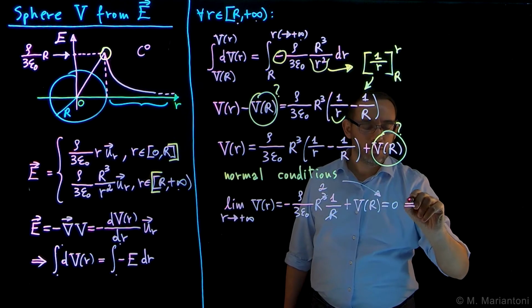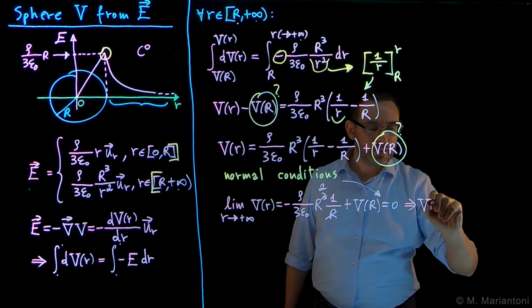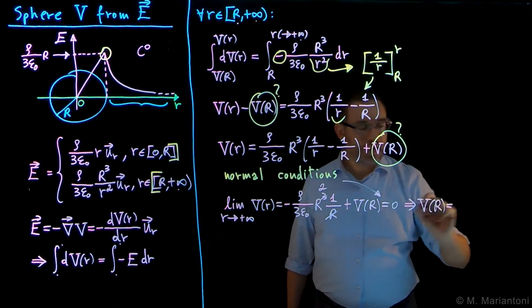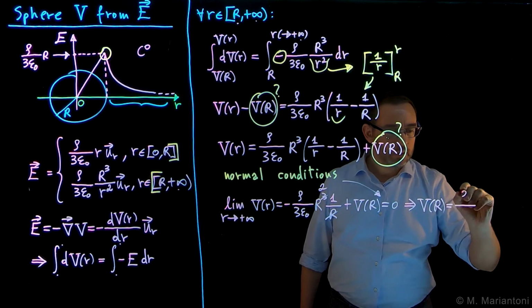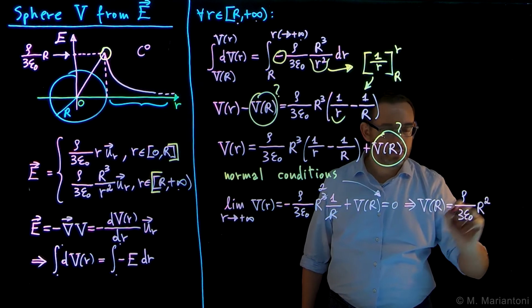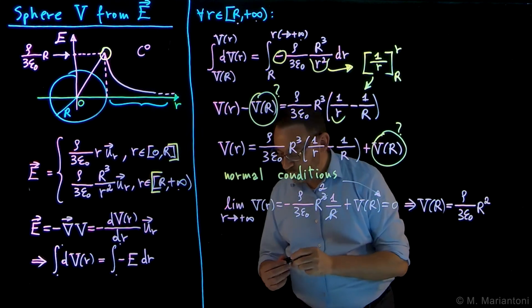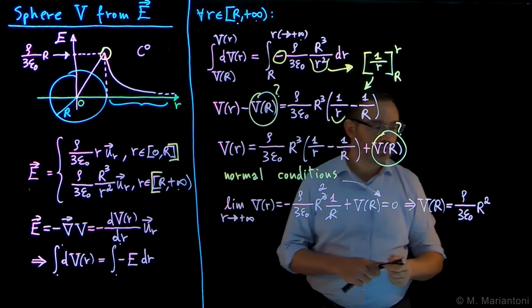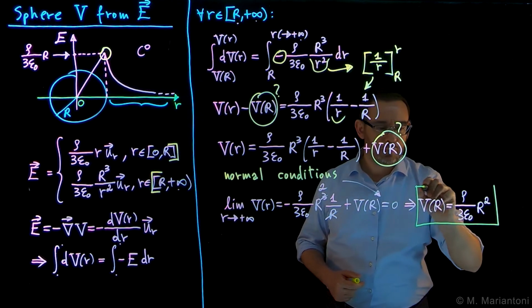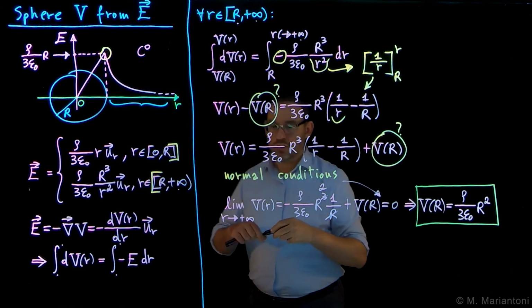Therefore, our arbitrary additive constant V of capital R is nothing but rho divided by 3 epsilon naught times capital R squared. Okay? So this is a quantity which we want to store because we're going to need it in the second part of the problem. So we want to remember this quantity here.